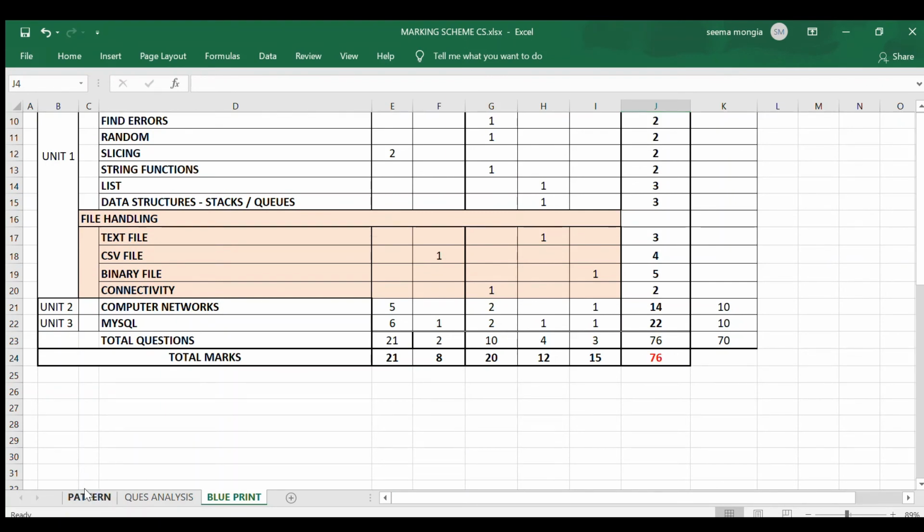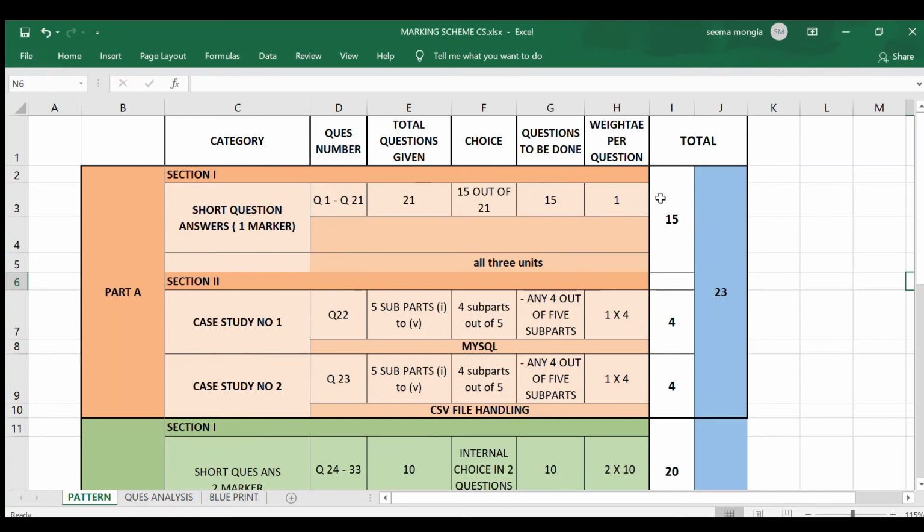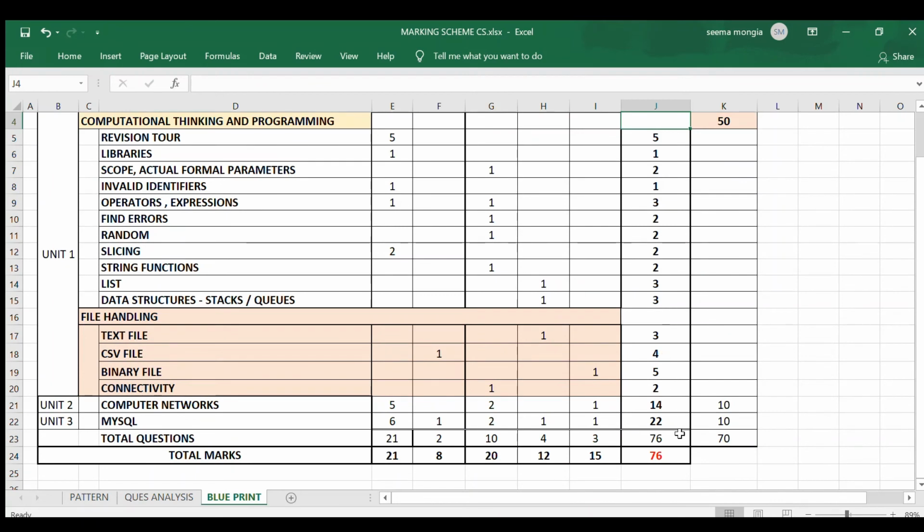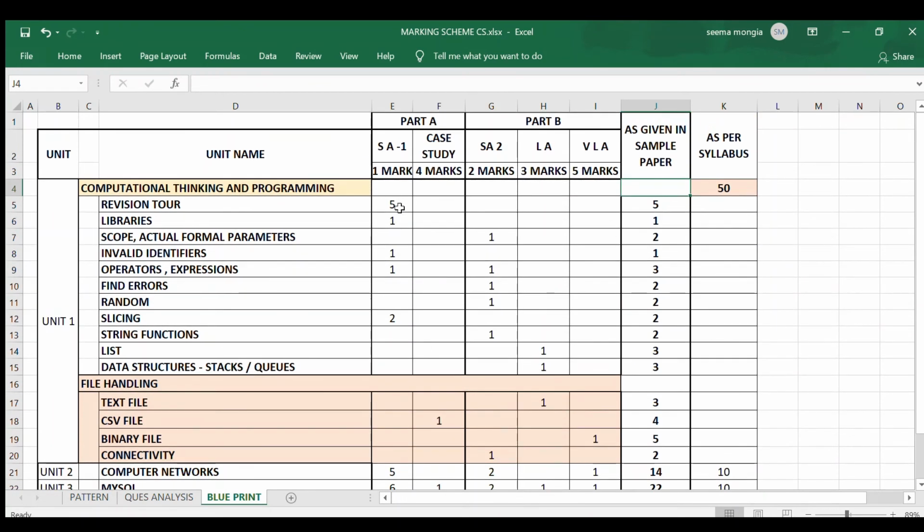But I told you that there is a choice of 6 marks. Out of 21, we have to do only 15 questions. So the 6 marks question is a choice. So those extra 6 marks are being reflected here. So a 76 marks paper is given to you, out of which you have to attempt only a 70 mark paper. And this 6 marks choice is given to you only in one marker questions.